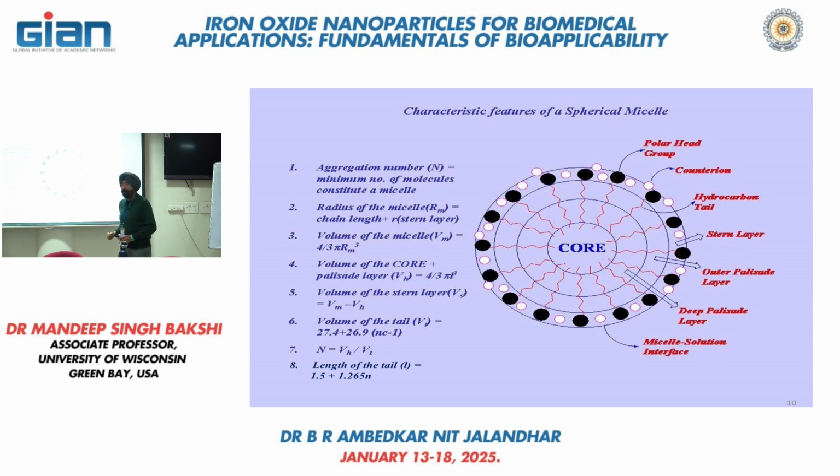But when you go over here, the effect of polarity is reduced dramatically. So this is the inner palisade layer, and this part is predominantly non-polar, and this part is entirely non-polar.